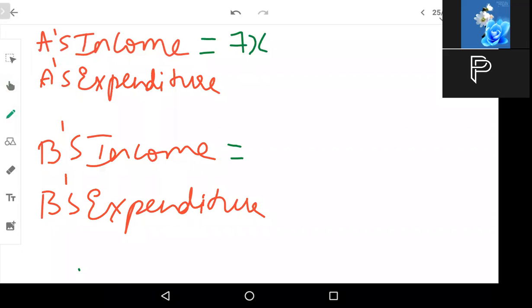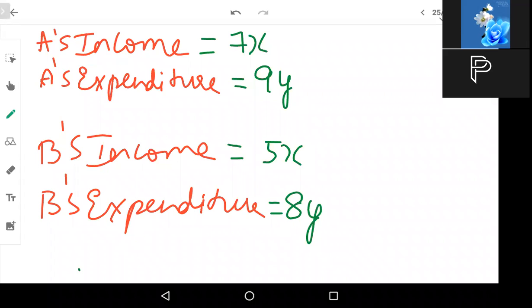B's income is 5x. Correct? And then coming to expenditure, let us take the original expenditure of 9y and 8y. Don't take 9y plus 100, that is given to derive the savings. For the final answer, take the original derivation of the expenditure which is given in the ratio, that is 9:8.